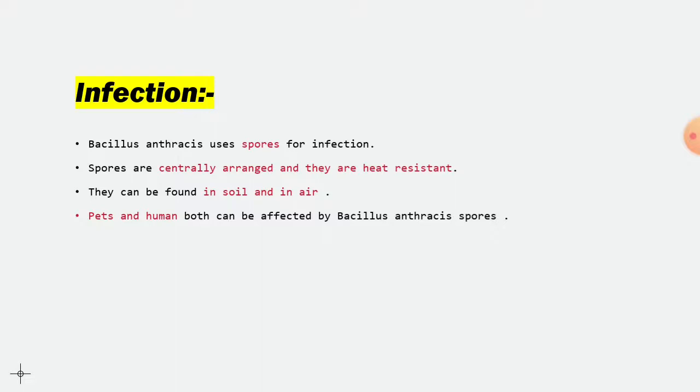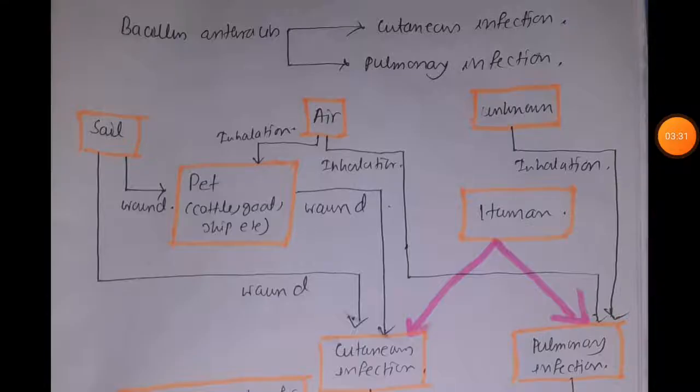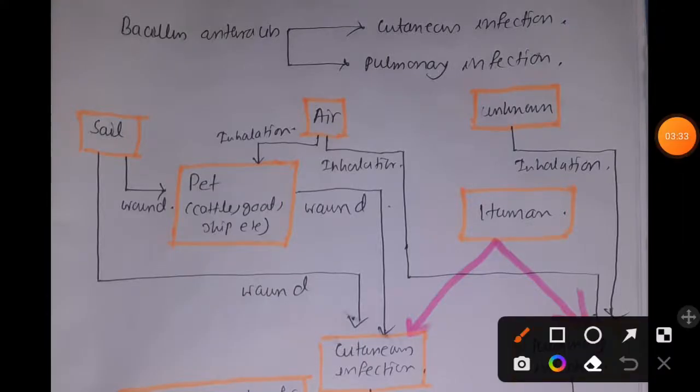These spores can infect both pets and humans. So now we will discuss a flowchart that will help you understand what kind of disease Bacillus anthracis can cause and how it gets its entry inside the human body. Firstly, in humans Bacillus anthracis causes two kinds of infection: one is cutaneous infection and the other is pulmonary infection.